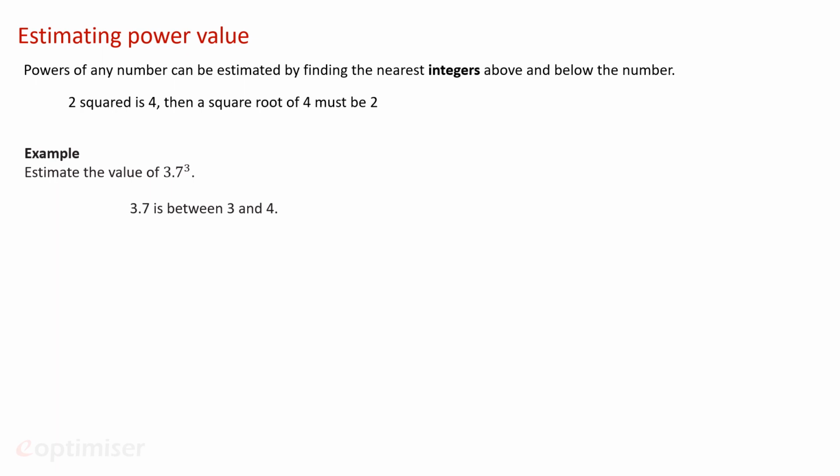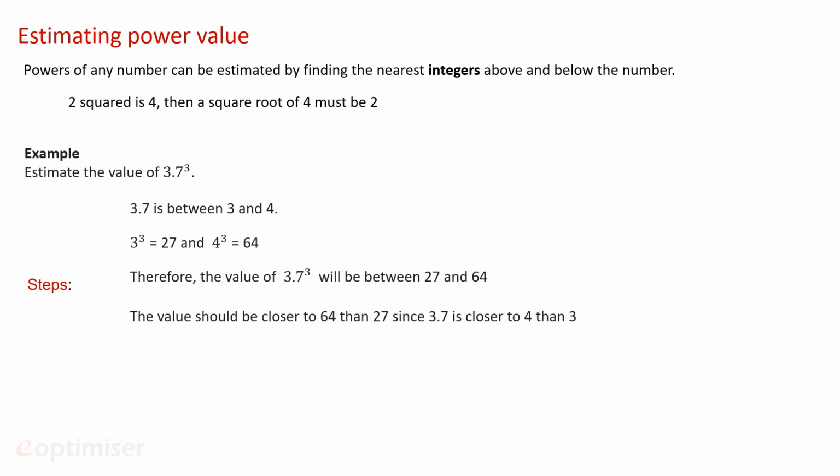Now you can find the cube of those numbers. You know that one. 3 into 3 into 3 is 27. 4 into 4 into 4 is 64. So 3.7 cubed lies somewhere between 27 and 64. But 3.7 is nearer to 4 than 3, because there is 7 over 10, which is near 10, so near 4.